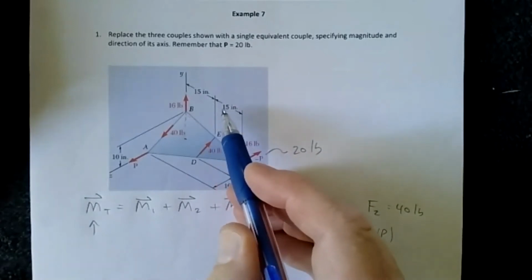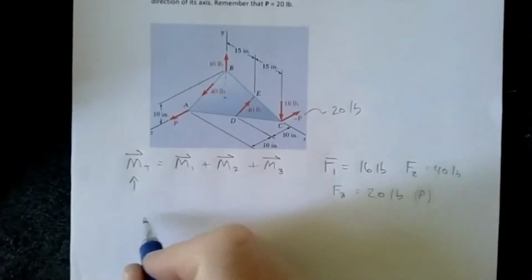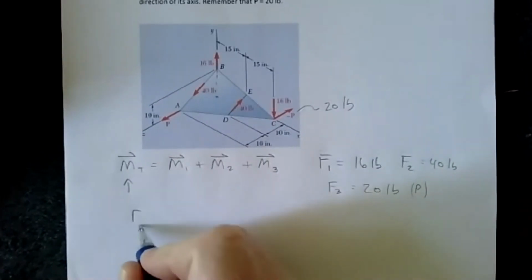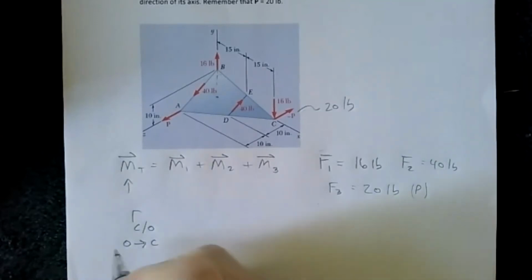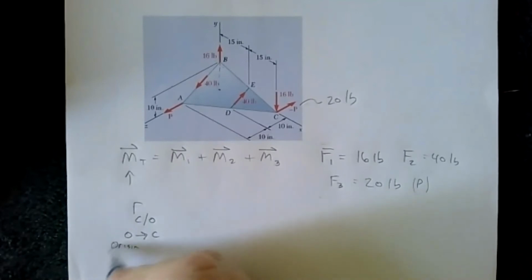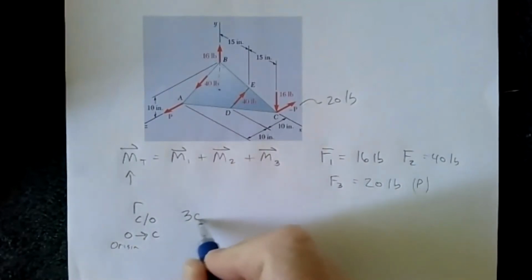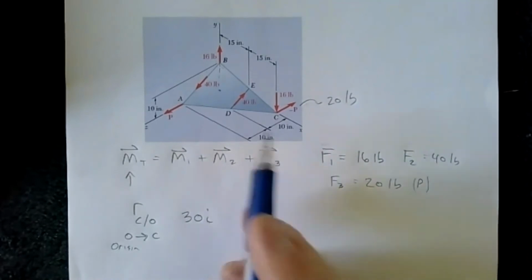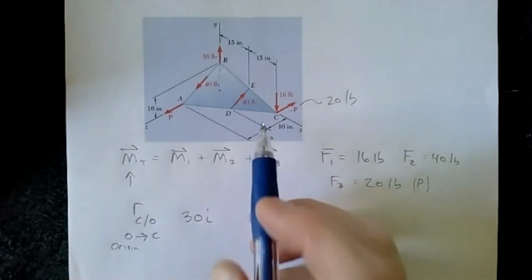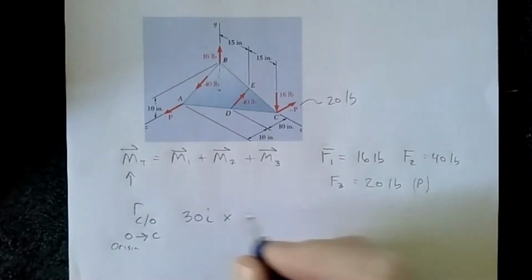So if we write that as R C relative to O, going O to C, O for the origin, then we have 30I. It's our R, and then we're going to cross that with the force at P.